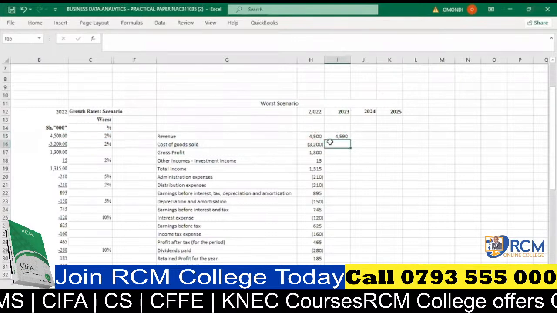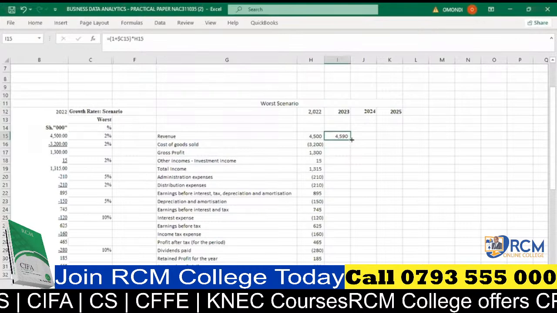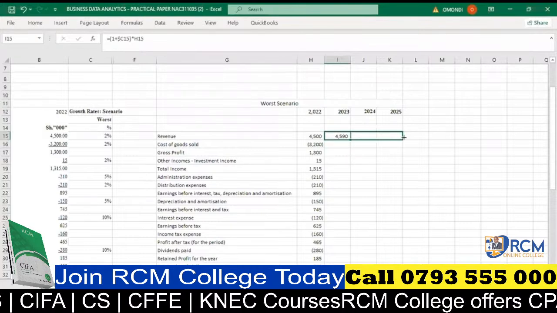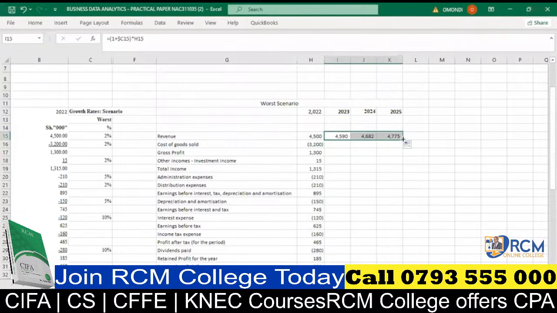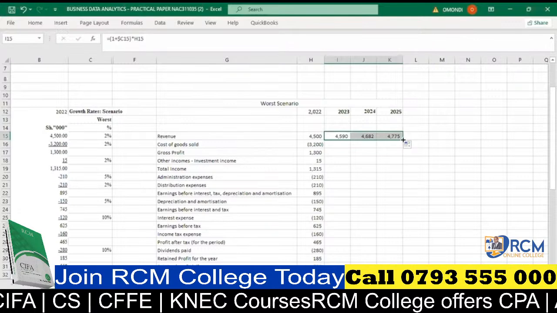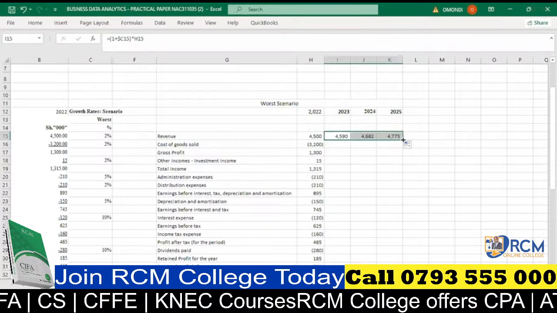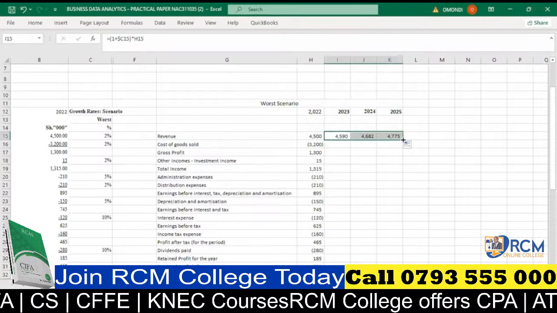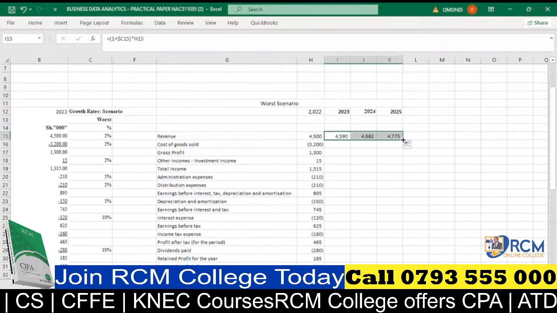Okay, so you enter. Once you do that, you don't need to do any other thing. Just drag it to the right to 2025. Then at the bottom corner here, double click, then tell me what you are able to see. Do you now have everything auto-filled?